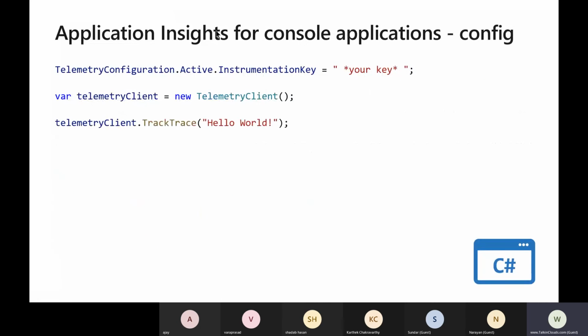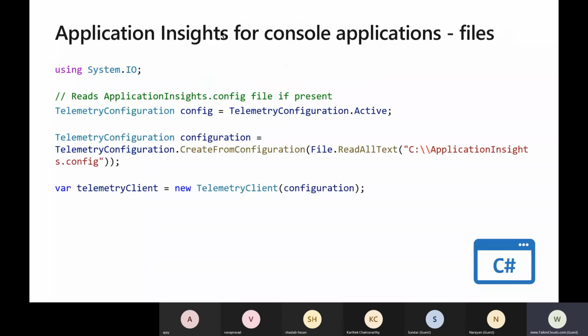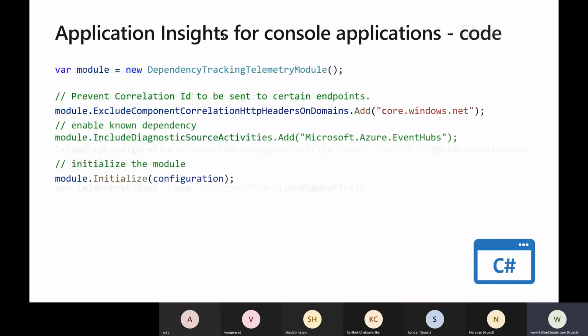You pass the simple instrumentation key, create a telemetry client, and then pass your data to App Insights. So you can use it from JavaScript, and from your .NET console application. This is how you have to do it.